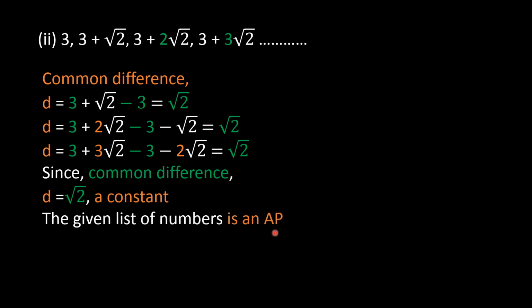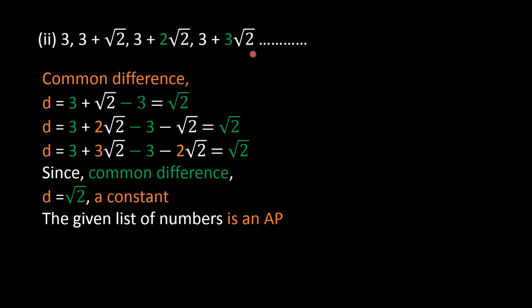In order to find the next three terms, we have to add root 2, that is the common difference, to each of its previous number. So to find the fifth term, we have to add root 2 to this 3 plus 3 root 2. So it will give us 3 root 2 plus root 2 will be 4 root 2.